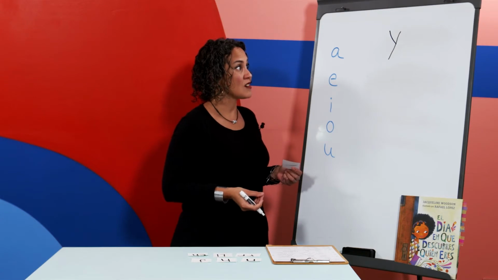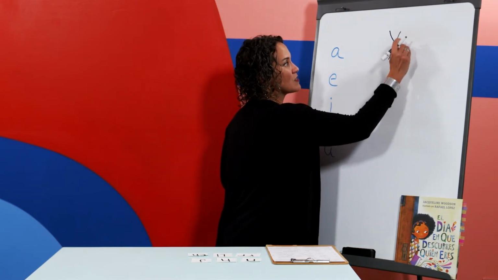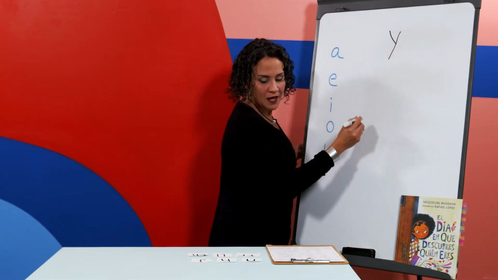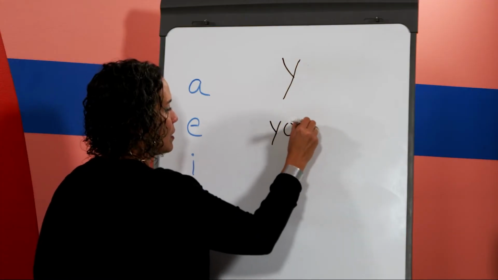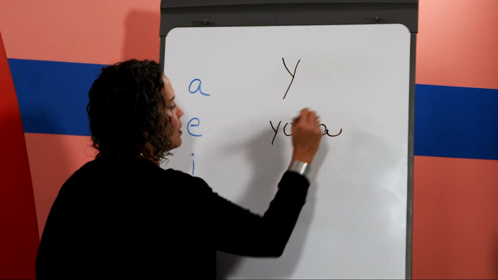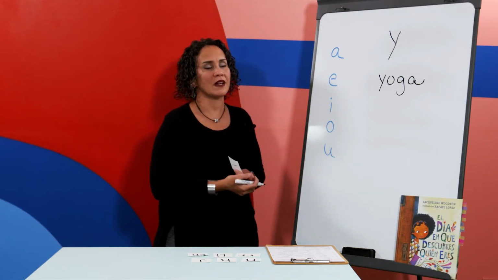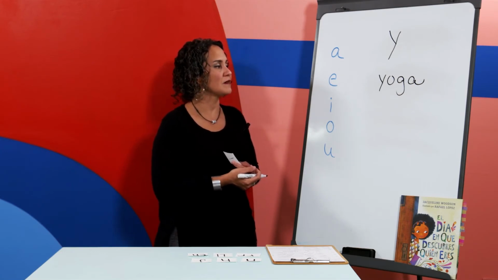Like the J sounds in Spanish, or I guess like an H in English. So for example, let's see the word yoga. I'm not going to say yoga, okay? I'm going to say yoga. Okay, sounds like a J.